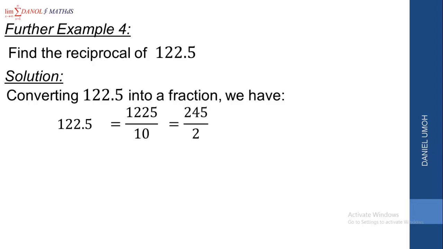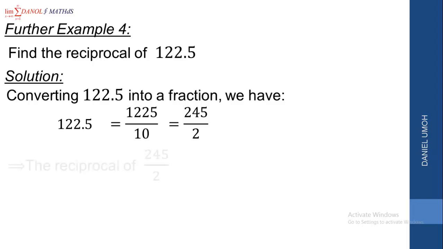If you further reduce that to the lowest term, let's say we use 5. 5 goes into 1225, 245. Then 5 goes into 10, 2. So 245 over 2 is the lowest term of 1225 over 10.